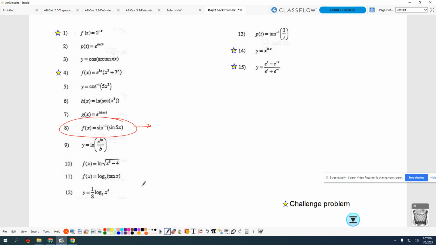Okay. Sine inverse of sine of stuff. What is that? Isn't the sine inverse of sine just x? I mean, what is the square root of x squared?